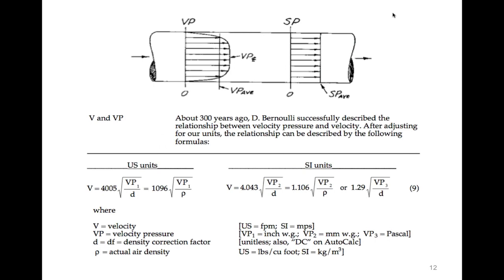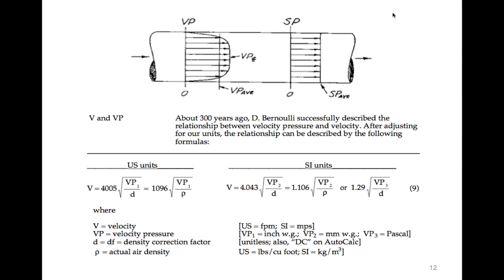Let's take a look back here. Okay, here's a duct, and we're looking upstream and downstream on this duct. The velocity pressure is the same downstream and upstream, because it's only the pressure that's caused by the air blowing into that tube. And since the duct's the same size, it's going the same speed, it's going to be the same pressure.